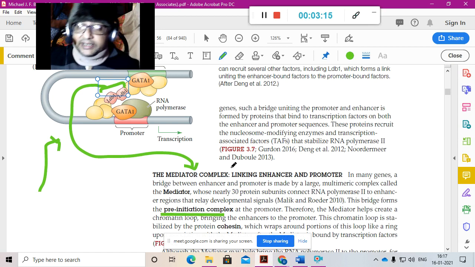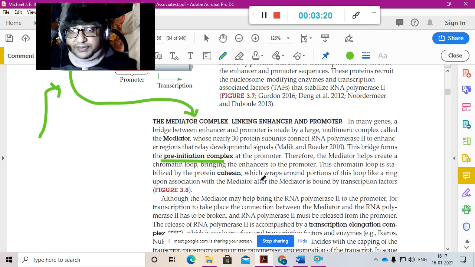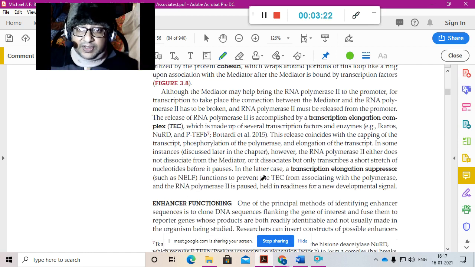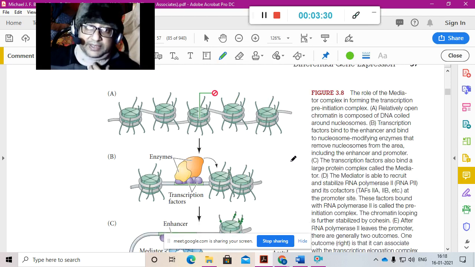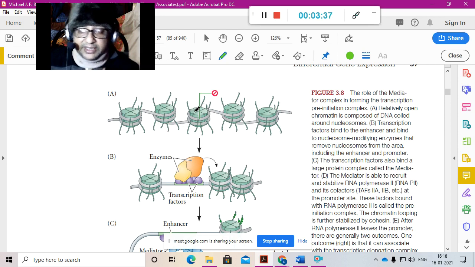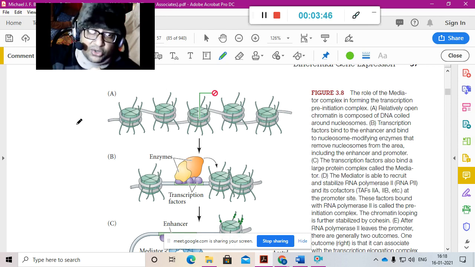The initiation complex is formed here. Then you have the other mediator complex. What is the function of a mediator complex? As you know, this is the DNA which is coiled around the nucleosome, which I explained in the last class. This DNA, the promoter region or the enhancer region, is not accessible to your transcription factors and RNA polymerase.